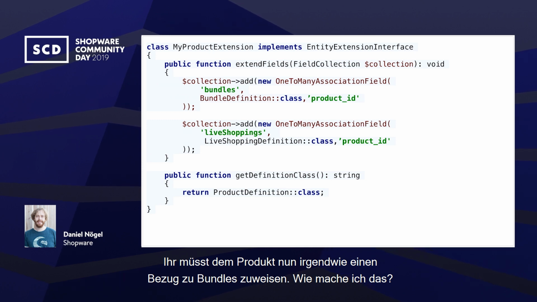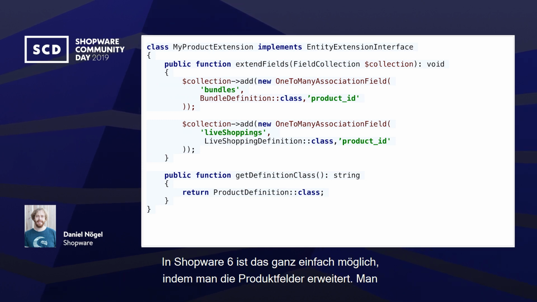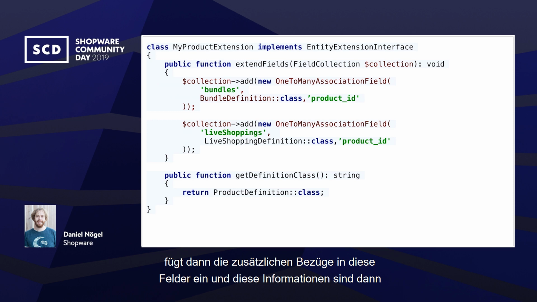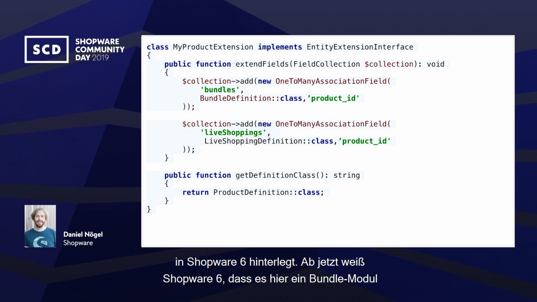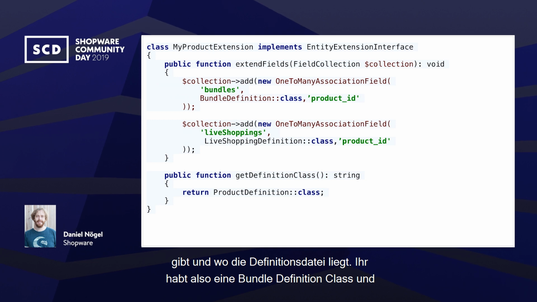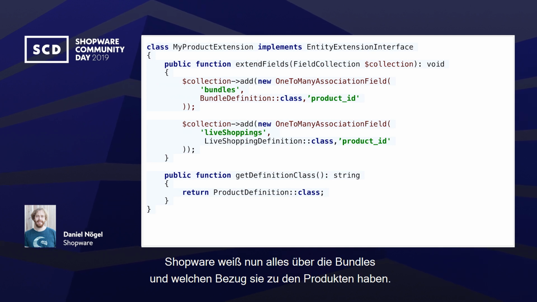In Shopware 6, you can just do that by extending the product fields and then pushing the additional relations it should have to those fields. And then Shopware 6 will know about those relations. So from now on, Shopware 6 knows that there is a bundle module and where the definition file is found. So I have a bundle definition class, and Shopware will know everything about bundles and how they relate to products.